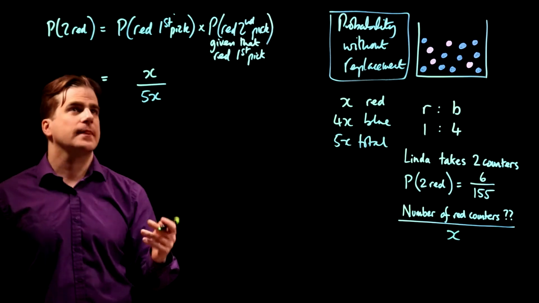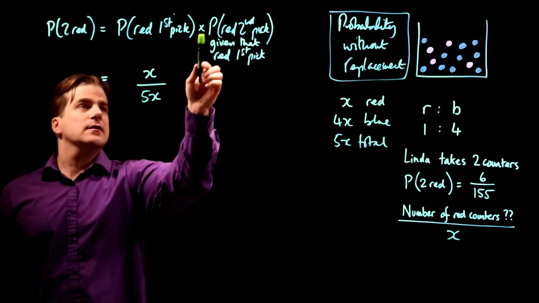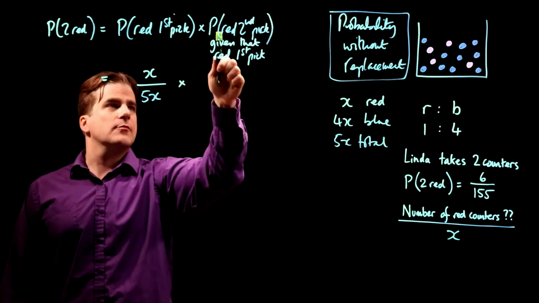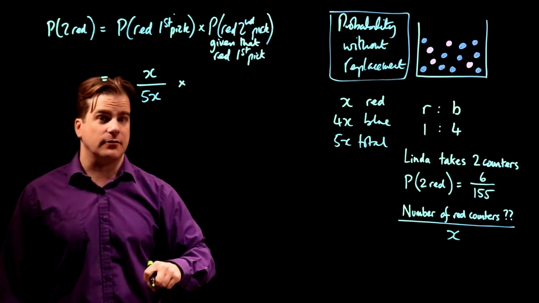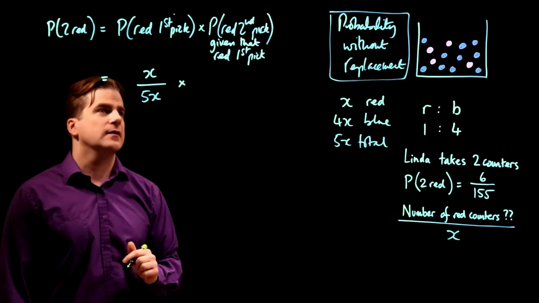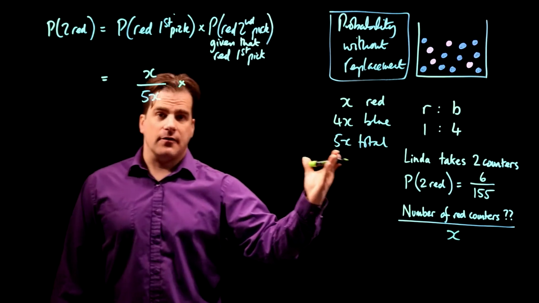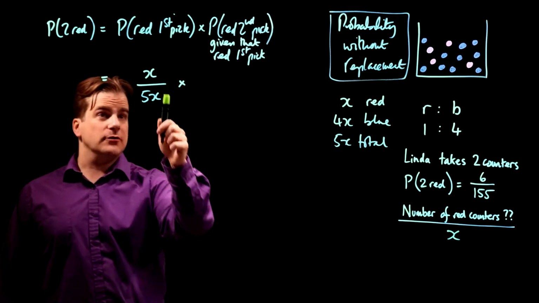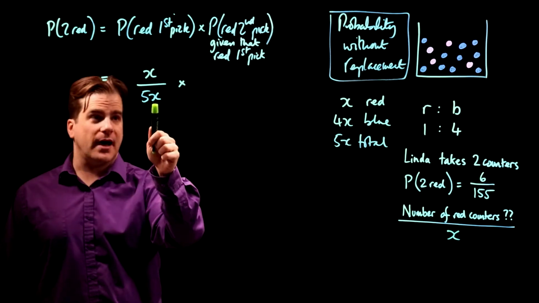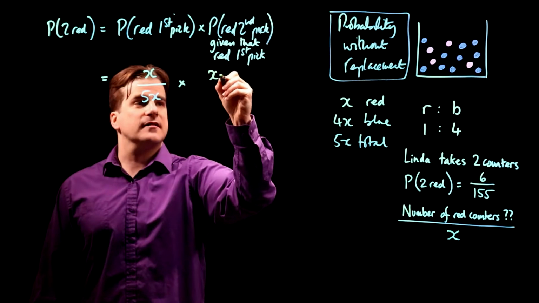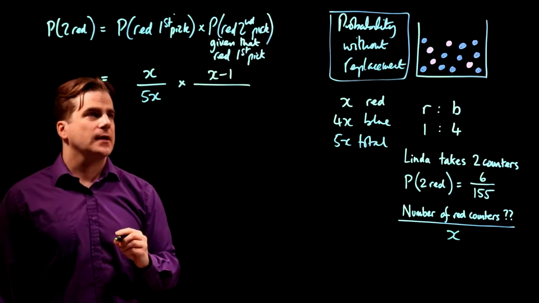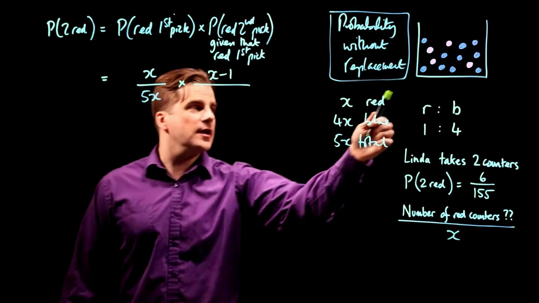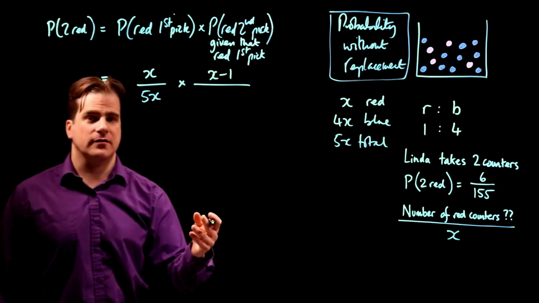Okay? So that's that. Times the probability of a red with the second pick, given that we've already chosen a red and it's out of the box. We haven't replaced it. How many reds are there in the box now? We've already chosen a red and haven't put it back, so there's therefore x minus 1 reds in the box. What's the total number of counters in the box now?